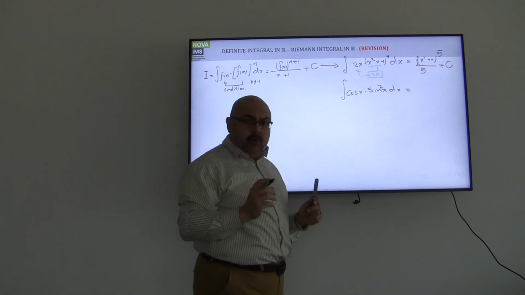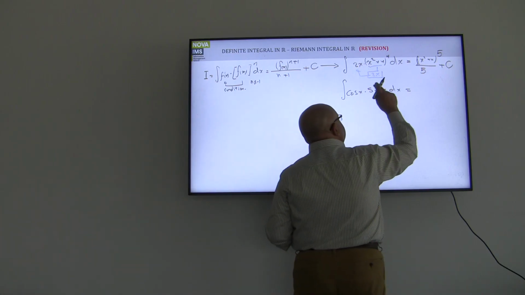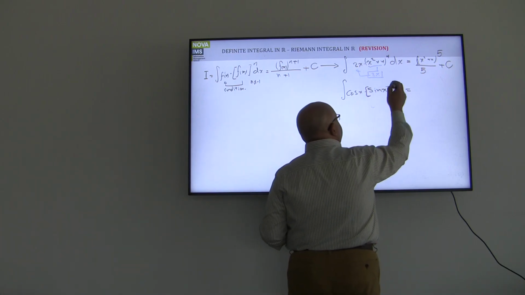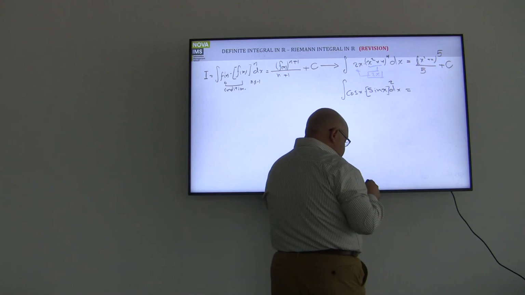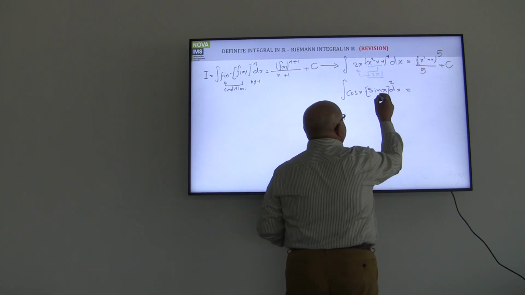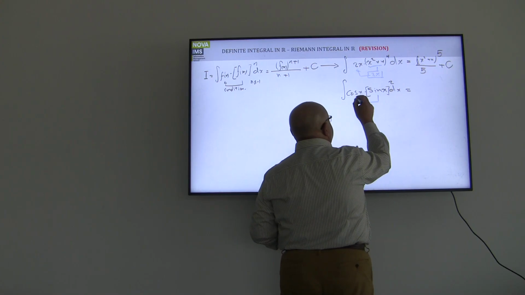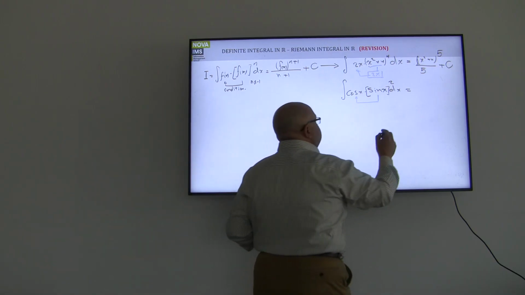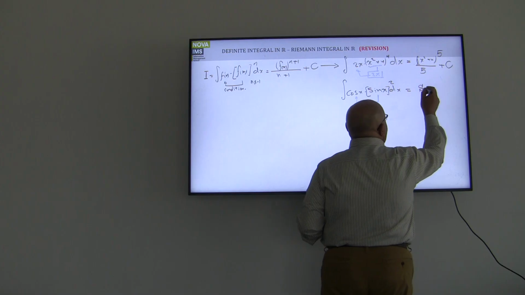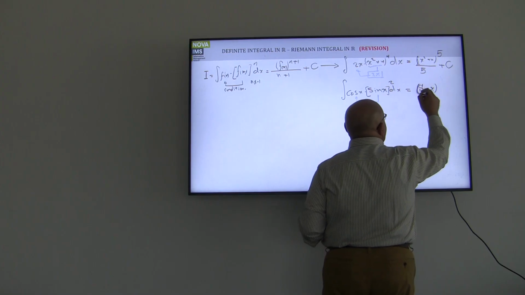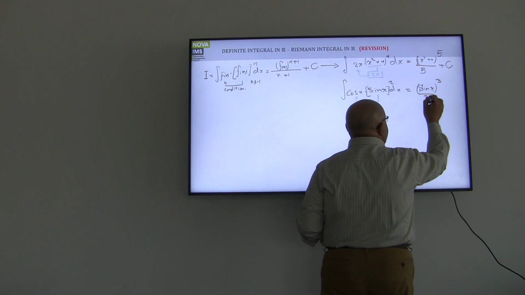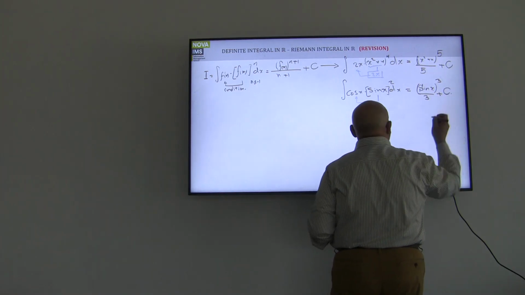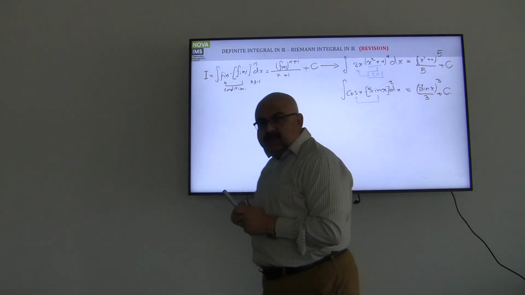Because sine square of x is exactly sine x to the power of 2. Once this function's derivative already exists, then the integration is going to be really very simple, which is going to be sine of x to the power of 3 divided by 3 plus the constant of integration, as you can see.